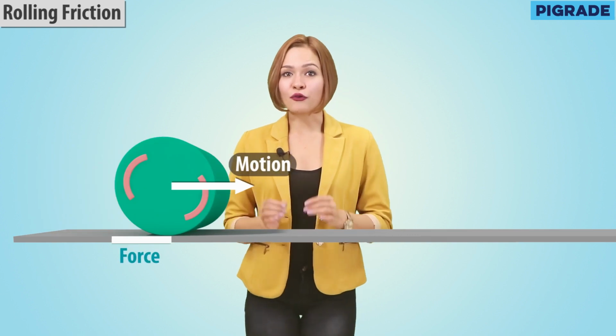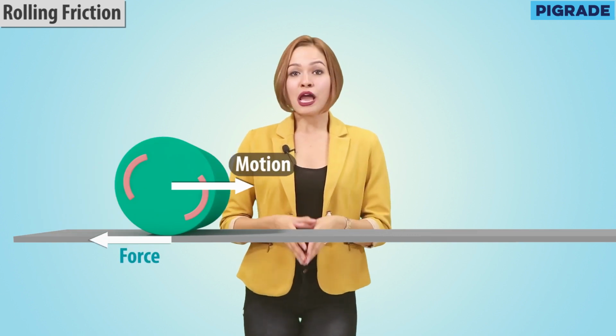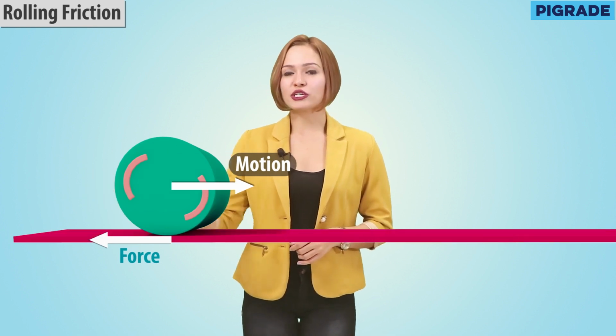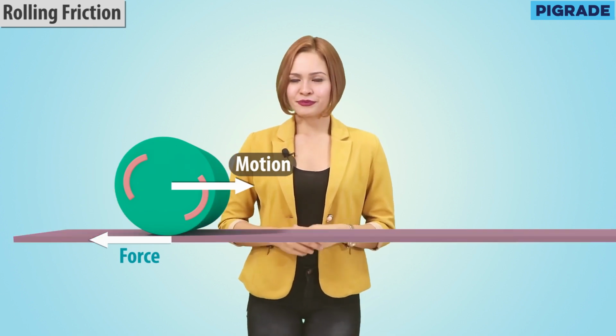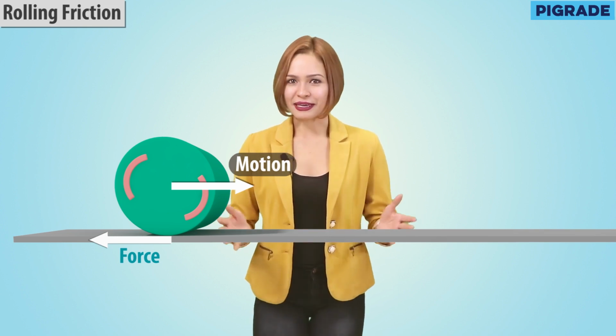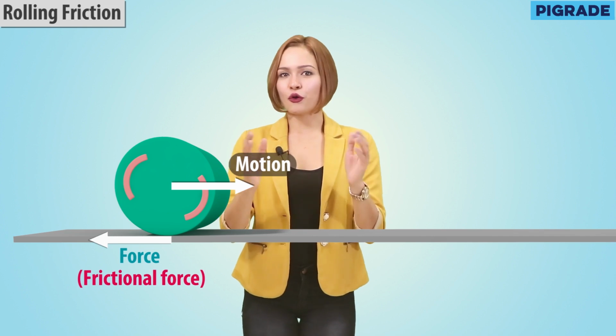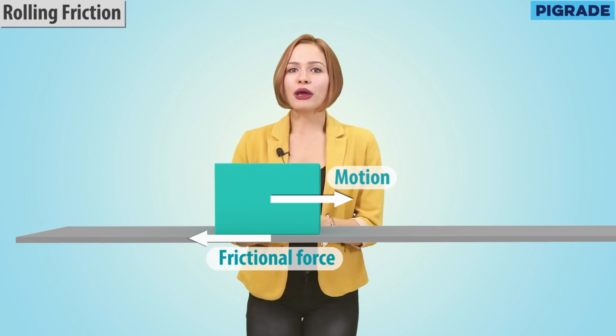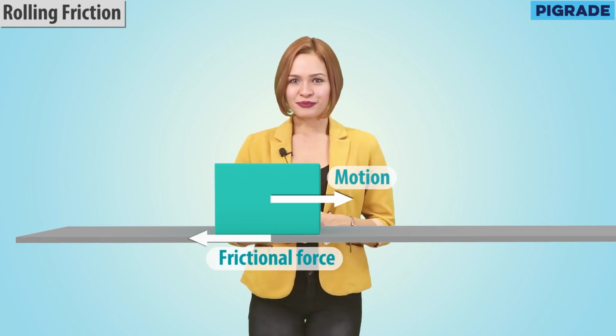Now students, whenever there is motion, there is force acting against it due to the contact of the moving object with the surface on which it is moving. Do you remember what it is? Amazing. It is known as frictional force. Friction is not an active force, as it comes into play only when we try to move one body upon another, or when a body is in motion.